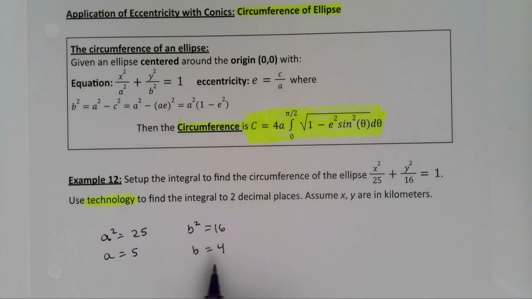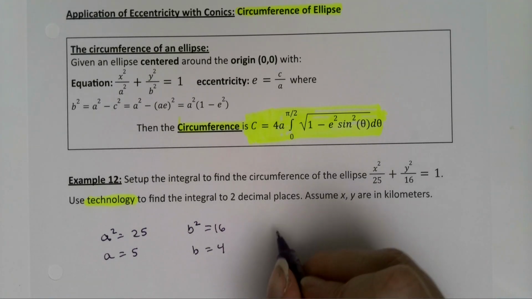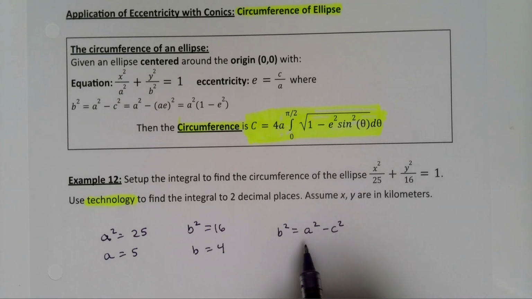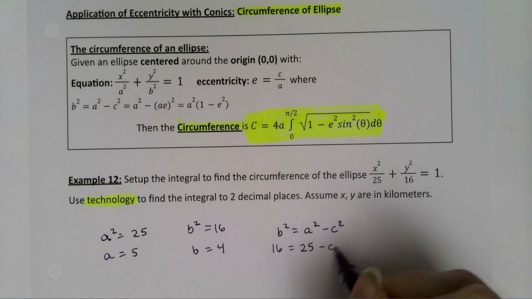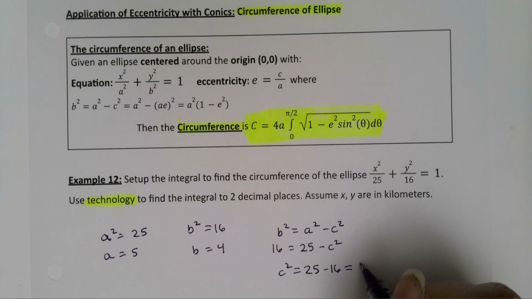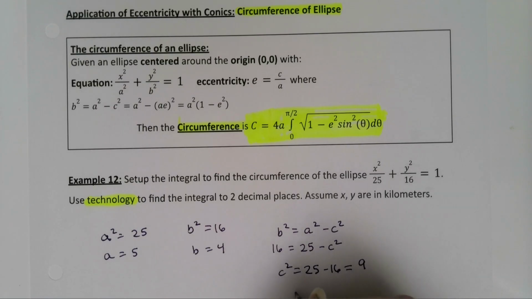Now, to find c, we know that b squared equals a squared minus c squared. And so therefore 16 equals 25 take away c squared. So c squared is 25 take away 16, which is 9. And so c is equal to 3.